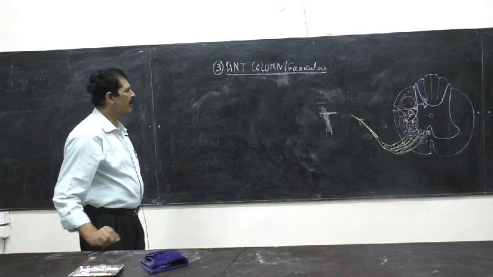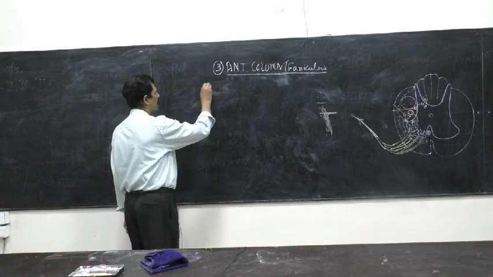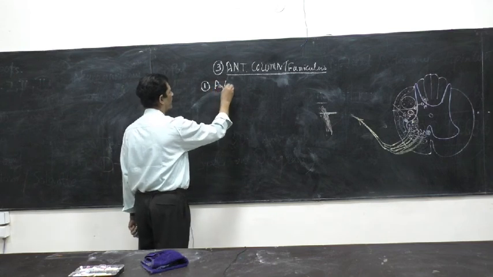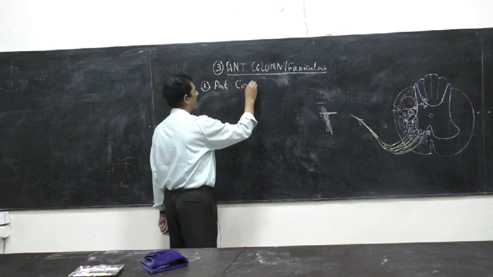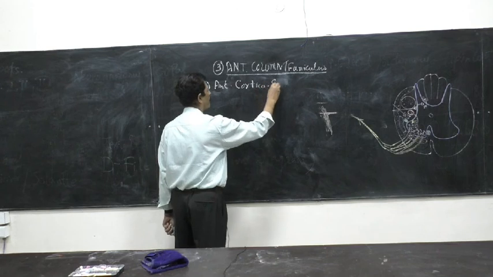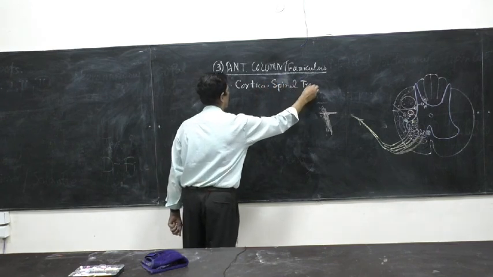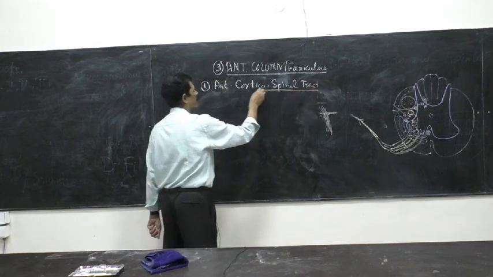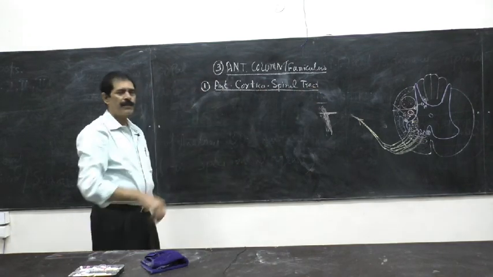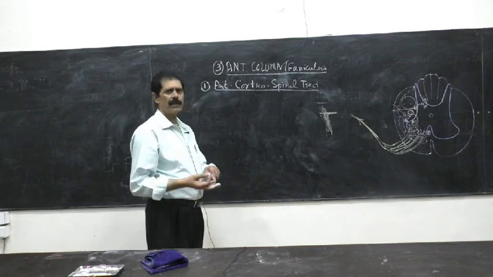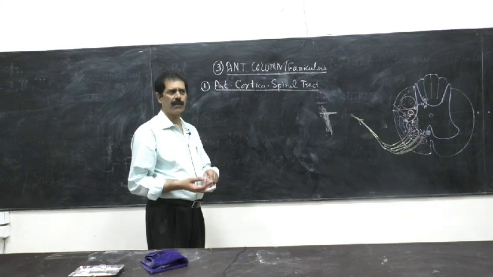So in the anterior column, the fibers, one is the anterior corticospinal tract. And this we have already done with the pyramidal decussation, that 85% cross to form the lateral corticospinal tract situated in the lateral column.